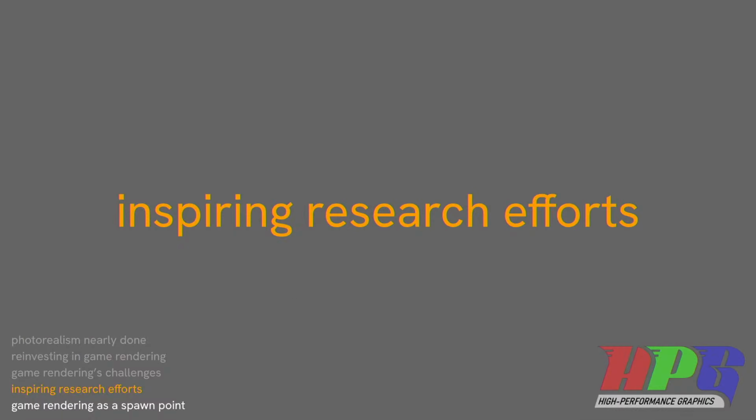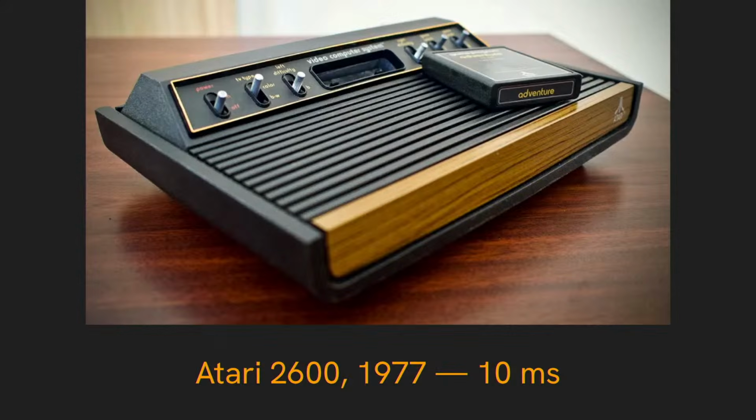So let's look at a few efforts in these directions. The first one is not really research, but I'm including it because I'm so inspired by it. This is the Atari 2600, or the VCS, from 1977, so 50 years ago. Its latency, if you measured it, was 10 milliseconds, which is way below most of today's systems.